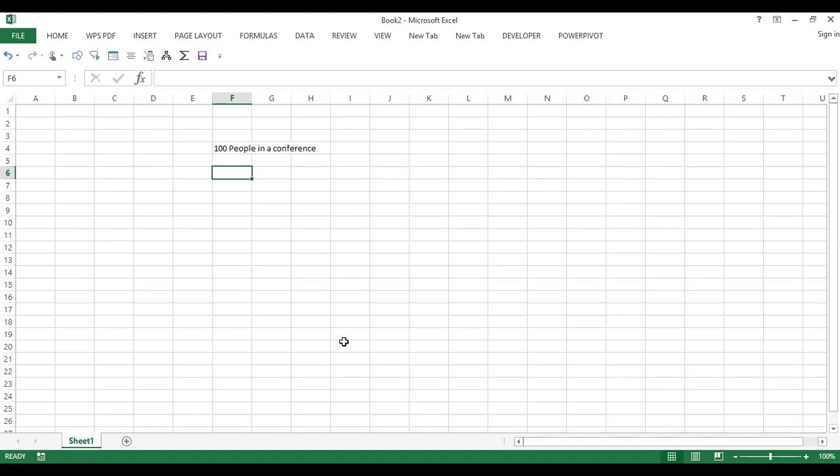So let's say you want to use Excel. I can say something like RANDBETWEEN. Have you ever used this function?